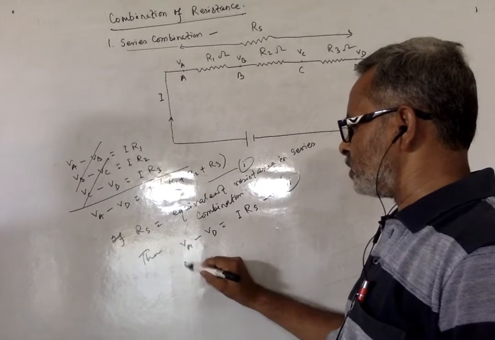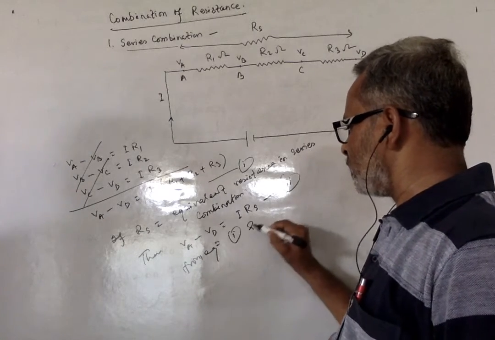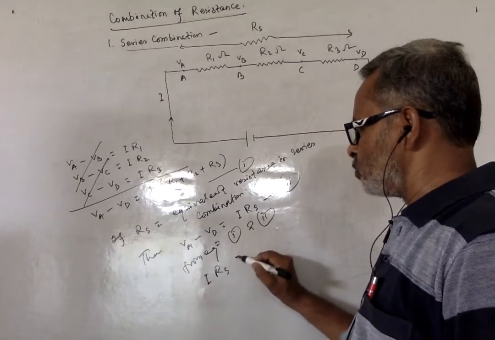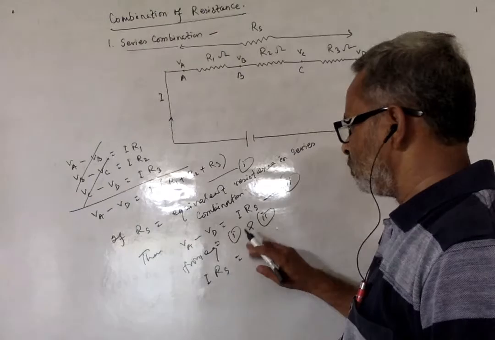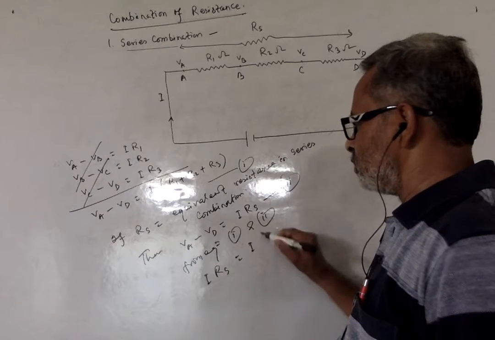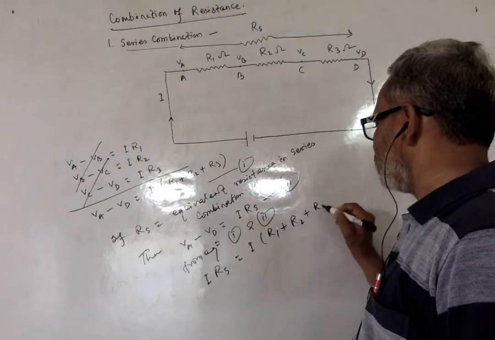Equating equation first and second, IRS equal to I (R1 plus R2 plus R3).